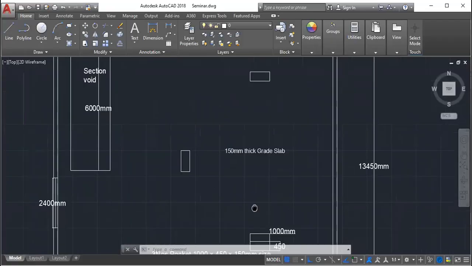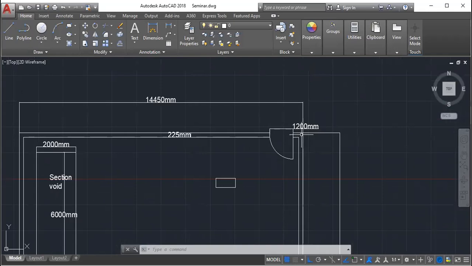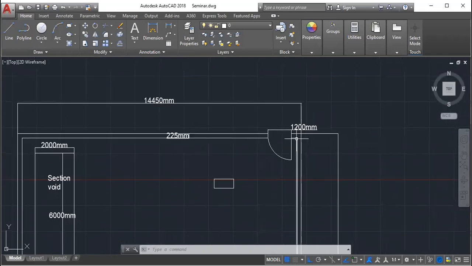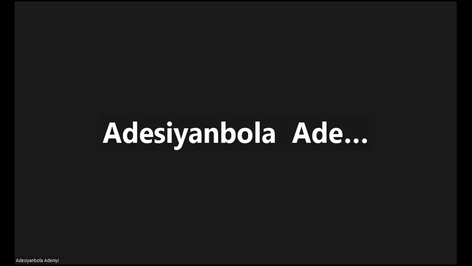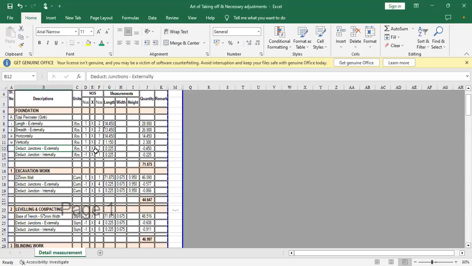a portion of half of 225 from here to center here has already been taken care of in 4 places. Half of 225 in 4 places. That is why we have deduction for junction.